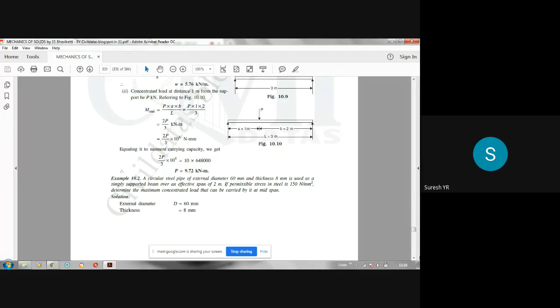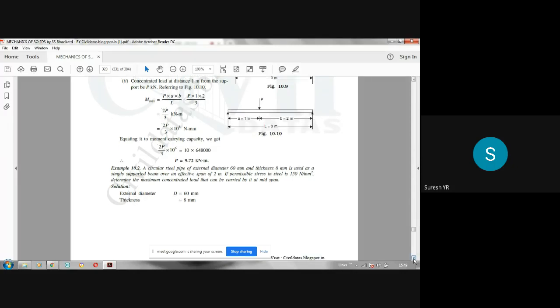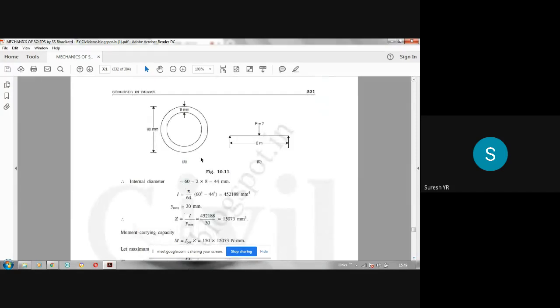In this case, this is also a simply supported beam case. It is a circular pipe and it acts like a simply supported beam of 2 meters length like this. What is the maximum central load that can be applied? P is the unknown here. A similar procedure is used. For calculating Z, we need the I value and the Y max value.